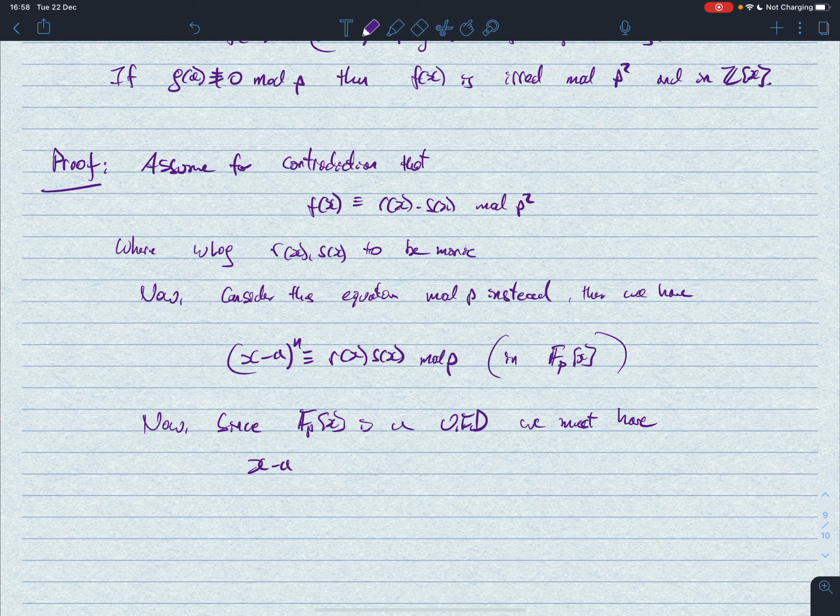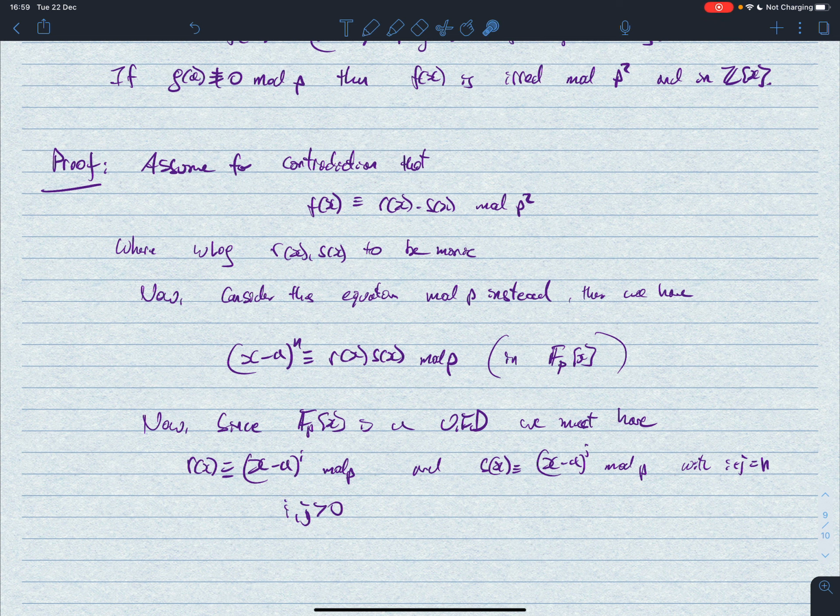R of x is going to have to look like (x minus a) to the i mod p, and s of x is going to have to be congruent to (x minus a) to the j mod p, with i plus j equal to n, and i and j greater than 0.